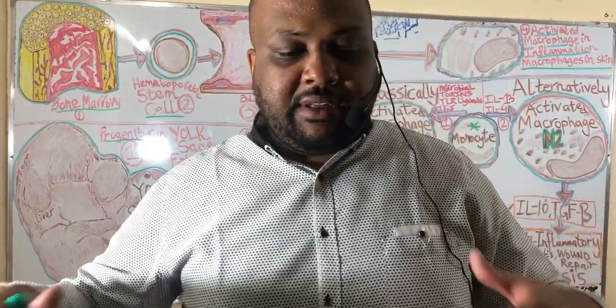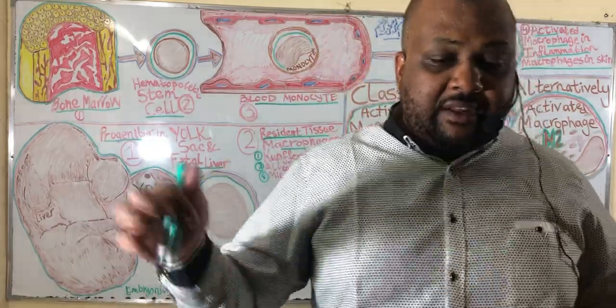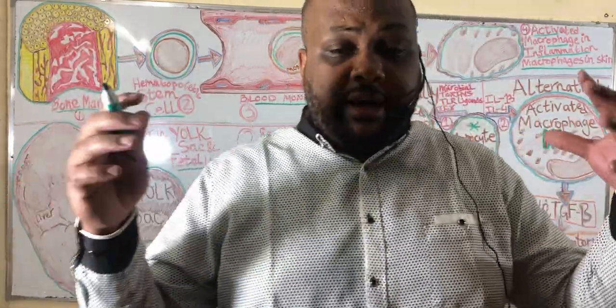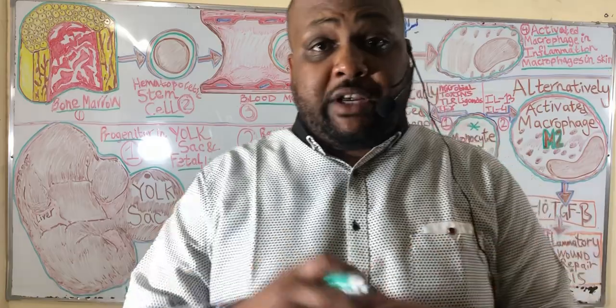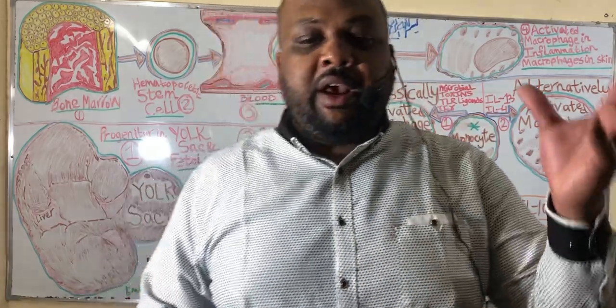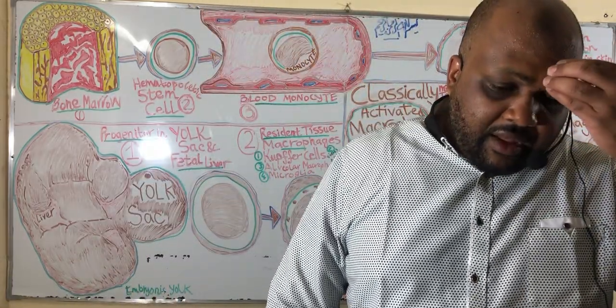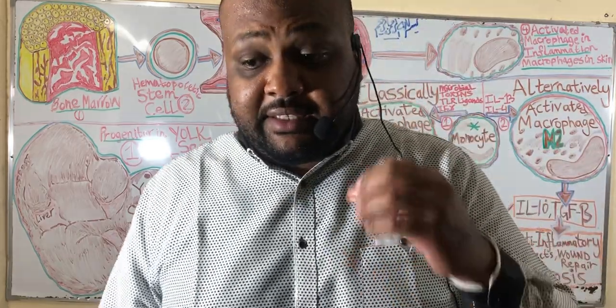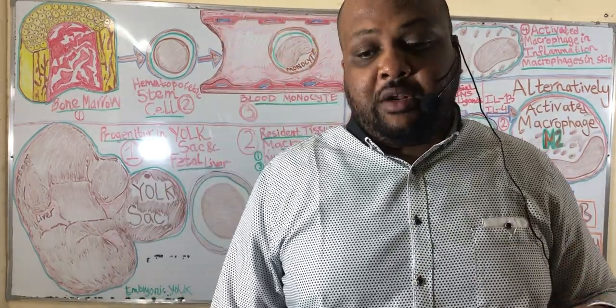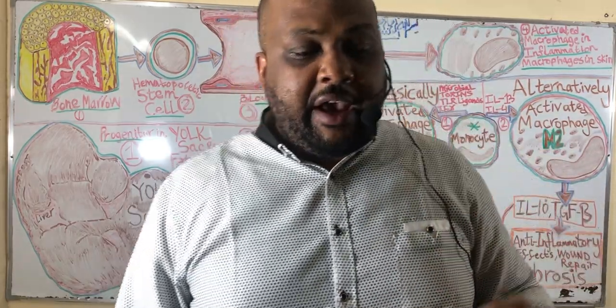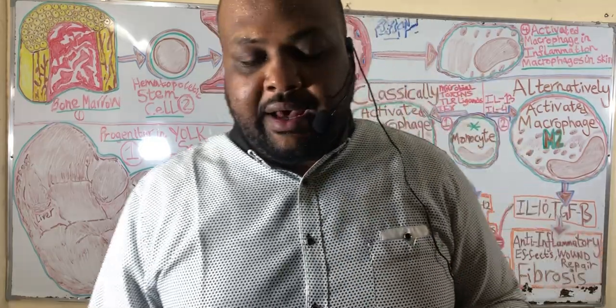And once all of these macrophages arrive there, they start degrading, engulfing and phagocytosing all of the necrotic debris and these invaders, these microbes, and perform microbicidal activity and pro-inflammatory actions.